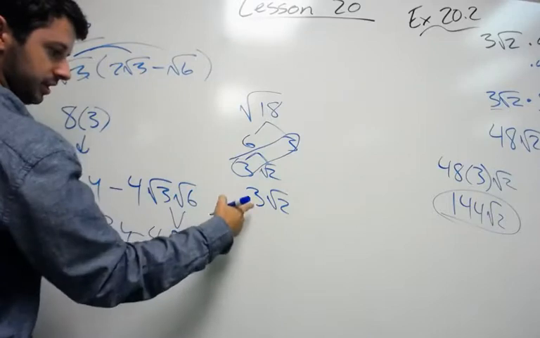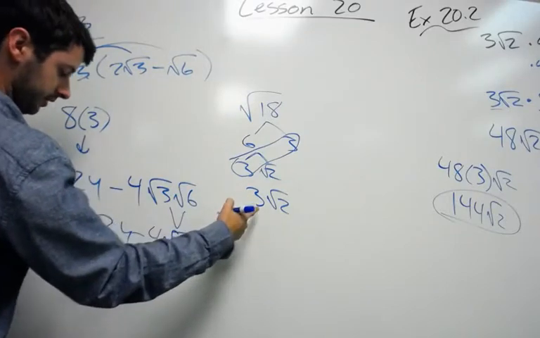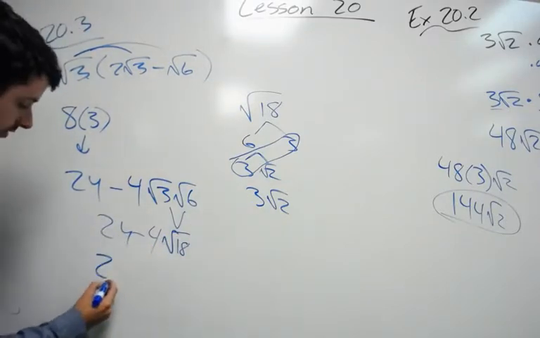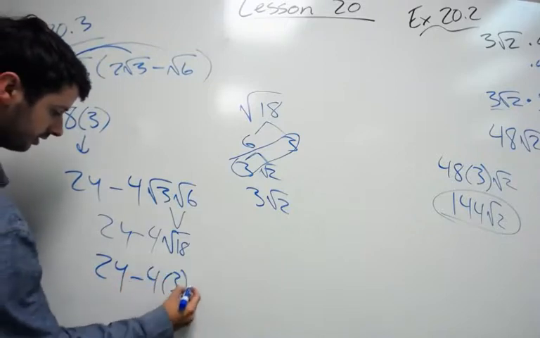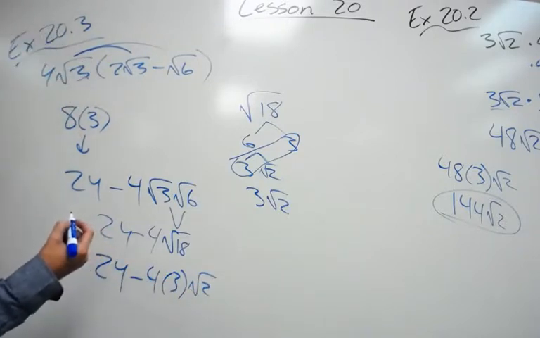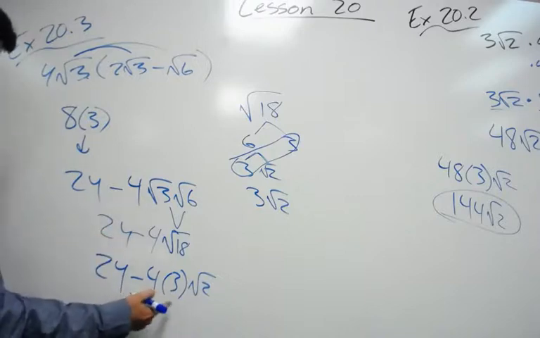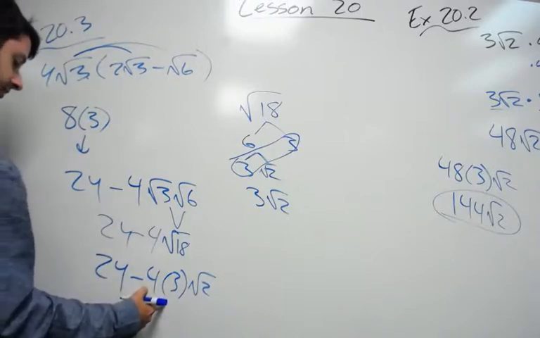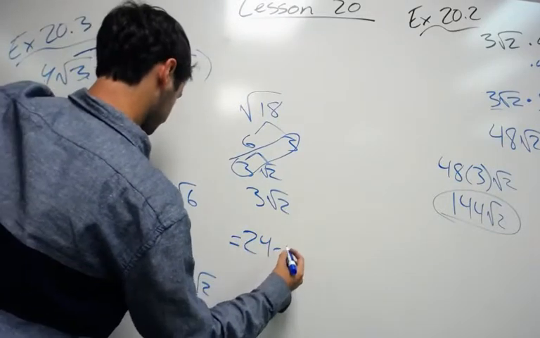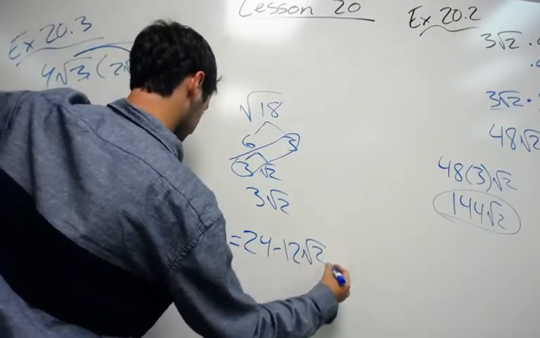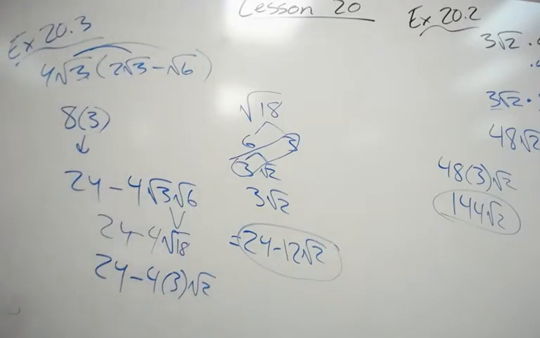Radical 18 would be the same as 3 radical 2. So then we have 24 minus 4 times 3 radical 2. Negative 4 times 3 is 12, negative 12. So your answer is 24 minus 12 radical 2. And those are a few different problems from simplifying radicals.